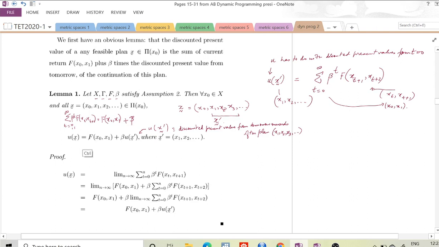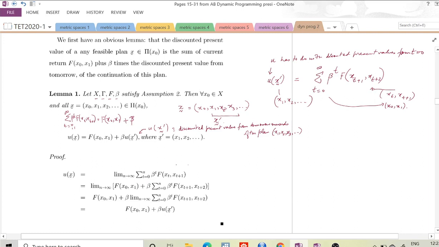So formally, why does this hold? So formally, u of x tilde, which is this, is this limit of partial sums. Okay, this limit of partial sums. So let me take the limit out, and instead of skipping any steps here, let me do the following.